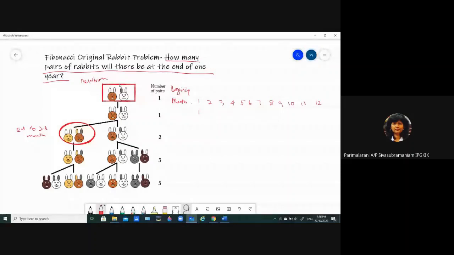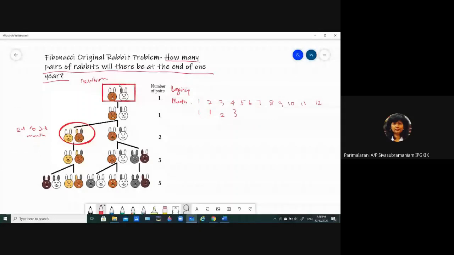Beginning of second month, how many pairs are there? One pair. So beginning of the third month, there are 2 pairs. And then fourth month, 3 pairs.